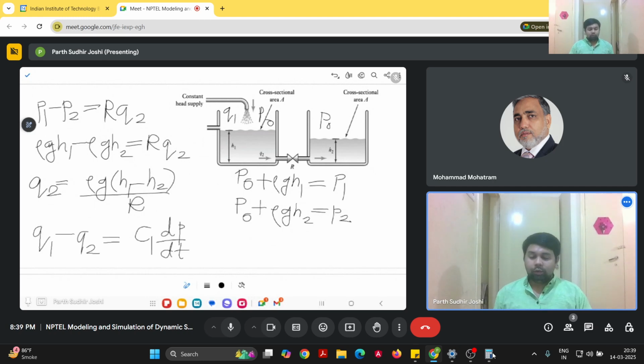Here one end is exposed to atmospheric pressure, and the lower side is exposed to pressure P2.